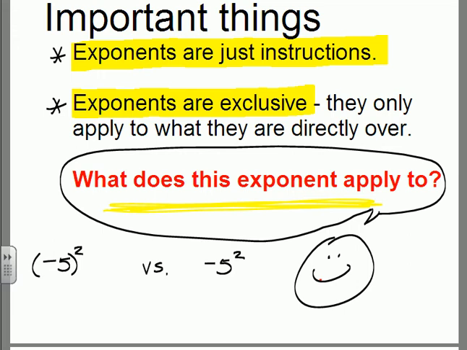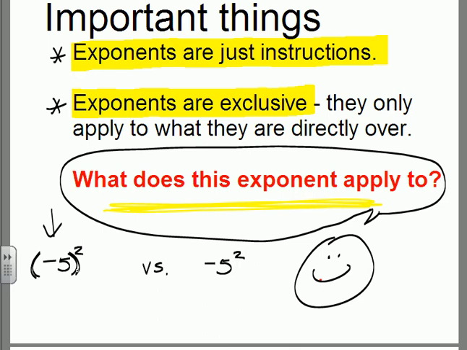We've seen this before, so let's go back. This has to do with exponents being exclusive, and what does this exponent apply to? So in this first case, here's the little exponent up here, the 2. Who does that exponent apply to? It applies to the whole -5, and how do we know it? Because we have these parentheses.